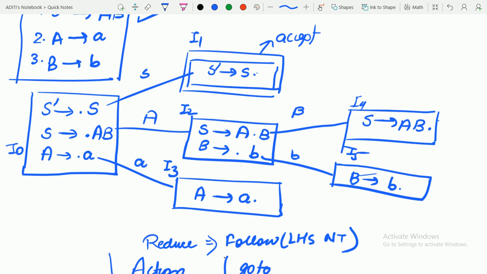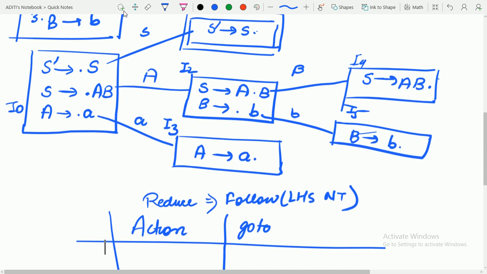Okay friends, so now first of all, upon I0 you have to see the transitions. Terminals go to the action table entries, and non-terminals go to the goto table entries. After small a we are going to I3, so S3 will be written. So on I0, on small a, we go to S3.